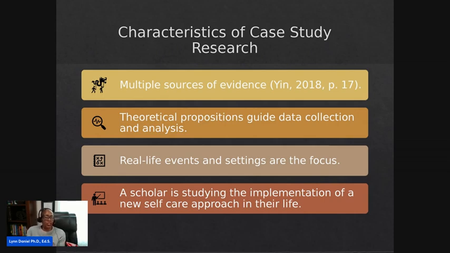Characteristics of case study research. Multiple sources of evidence are collected over time. Case studies look at real life events in their settings. They're focused on those things. You do propose a theoretical proposition to guide what you're doing. So in the course we are using Bronfenbrenner's ecological systems theory.